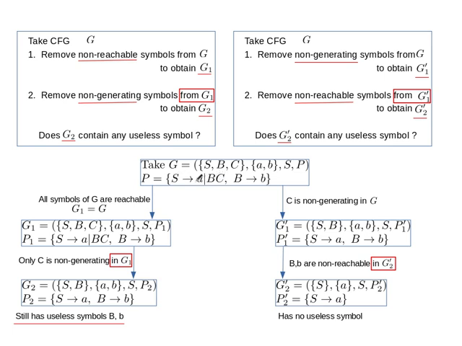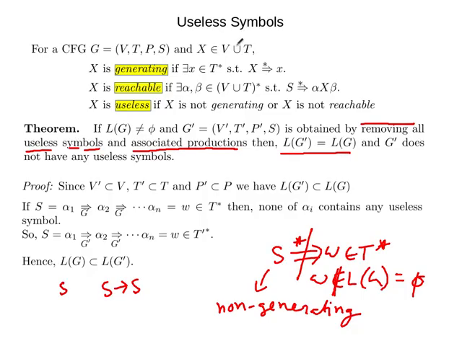From S you can also get to the small b, because from S you can go to BC, and then you can go to small b C. Sorry, it's capital C. By the definition of reachability, from S you can get to some combination which contains this symbol.